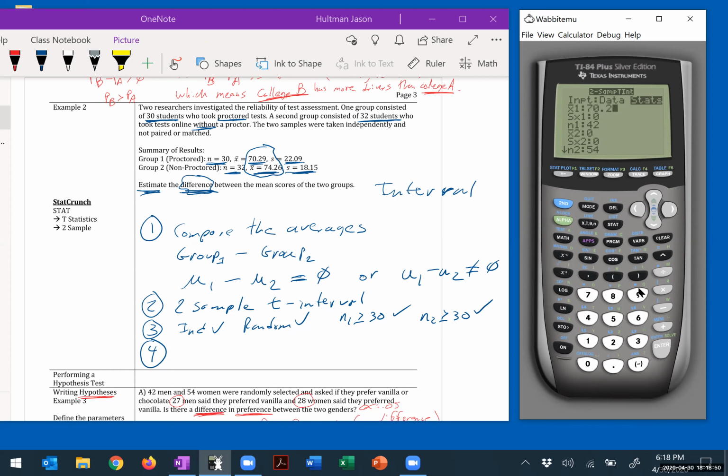What's the sample standard deviation? It's 22.09. And how many were in the first group? Well, there were 30 in the first group.